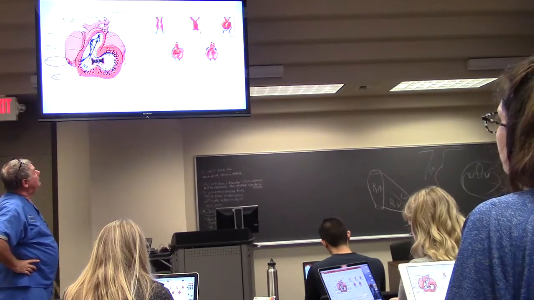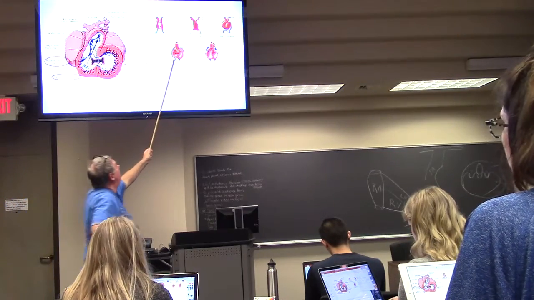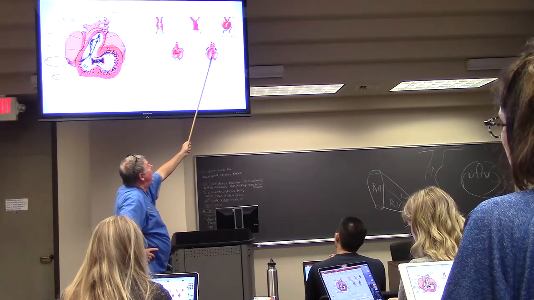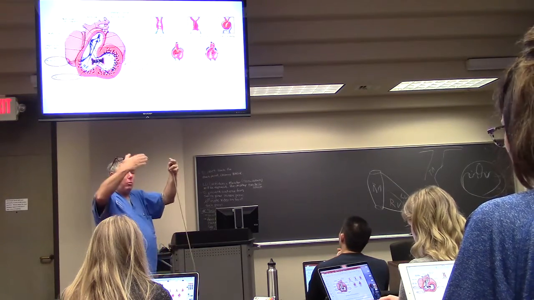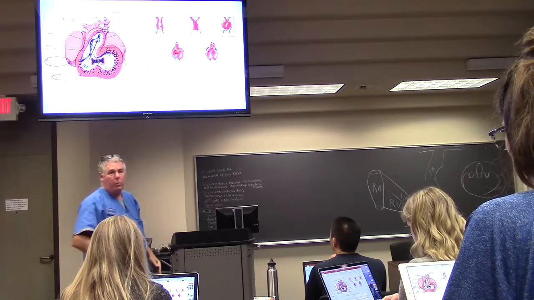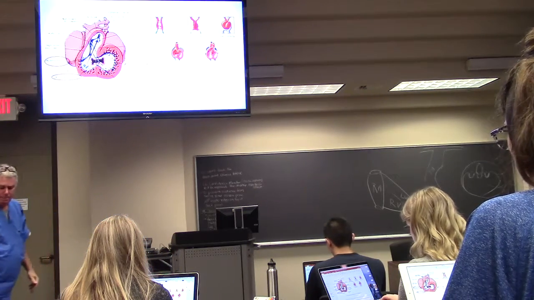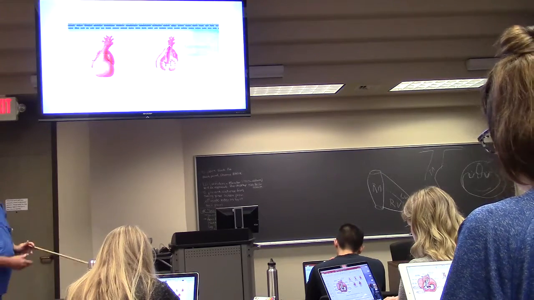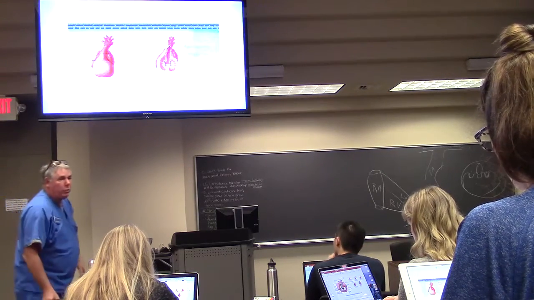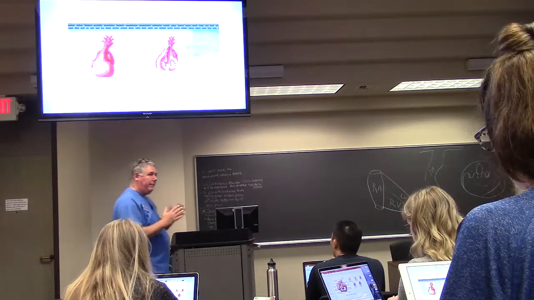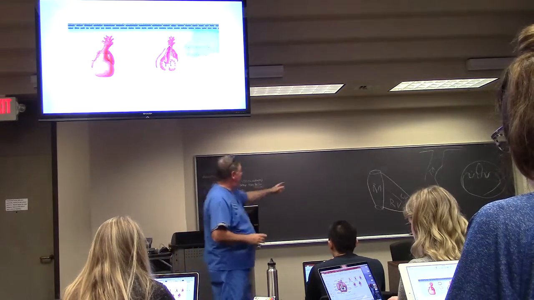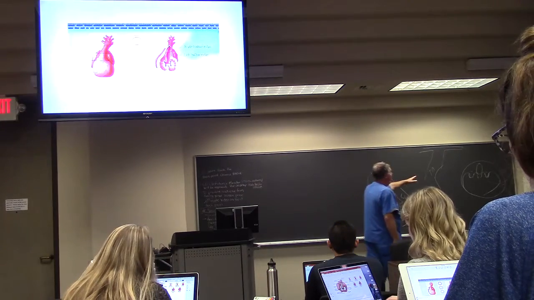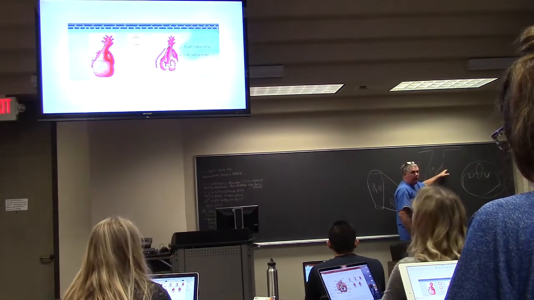So what happens here is you start getting the septum to grow up, and these cushions to grow around, and they eventually will fuse. Now, as they're growing towards each other to make a right and left ventricle, right now we only have one outflow, correct?